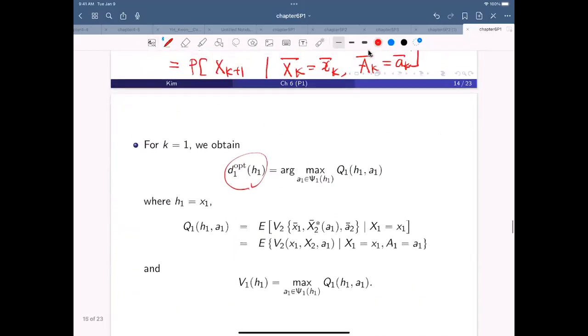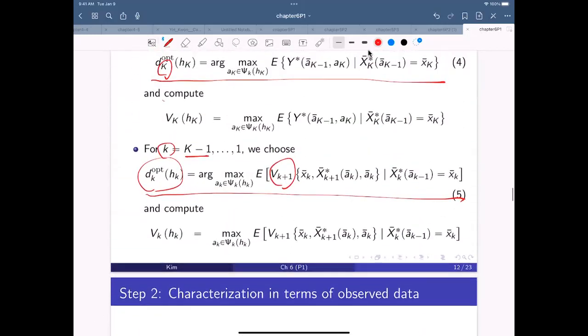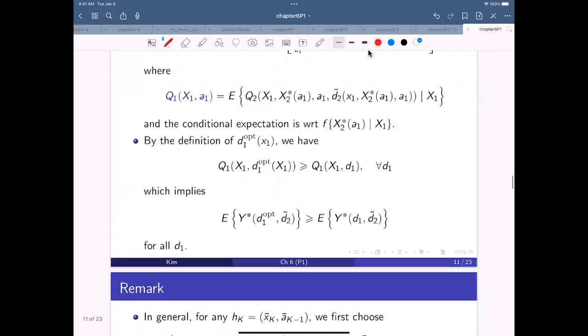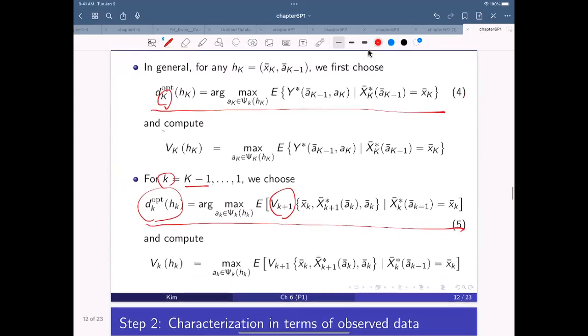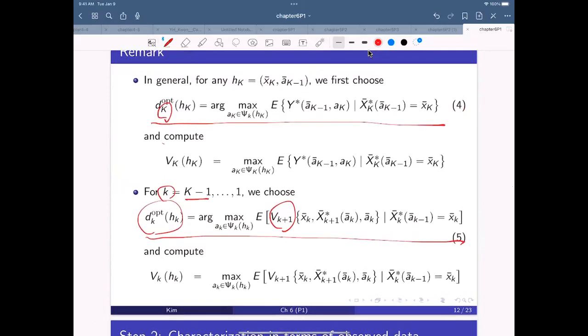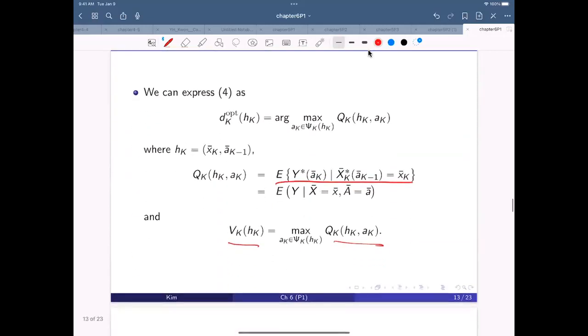So now you can probably see why it's better to use backward induction, because you basically start with Y, and from Y you construct V. You start with Y, so that is a Q function. You compute the Q function using the data to find the optimal at the last step, and then use it to compute the value function.